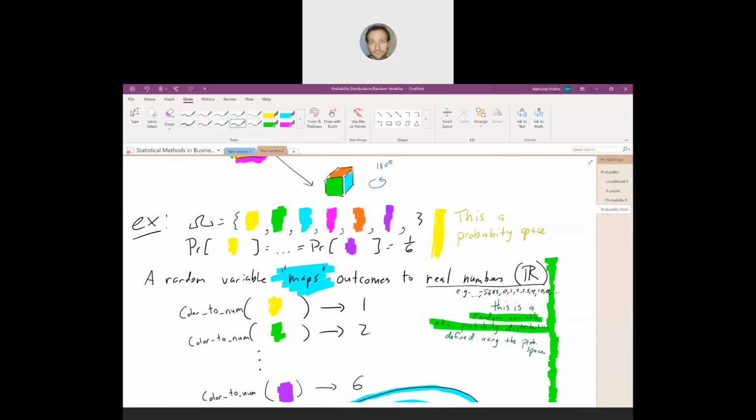I'm writing this letter here, this R, with these two strokes on the left-hand side. That's just a common thing to do in math, to refer to the set of real numbers. Real numbers are numbers that I tried to give some examples of down here. Basically any number you can say, or any number that you would see in nature.